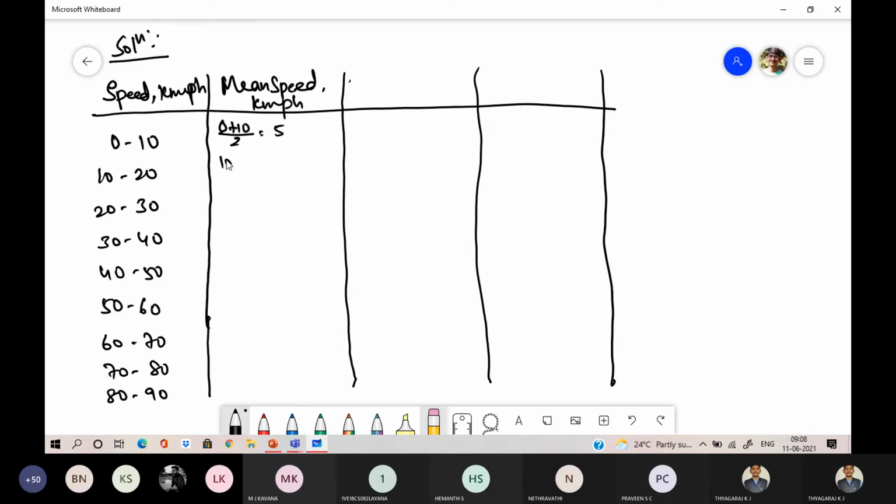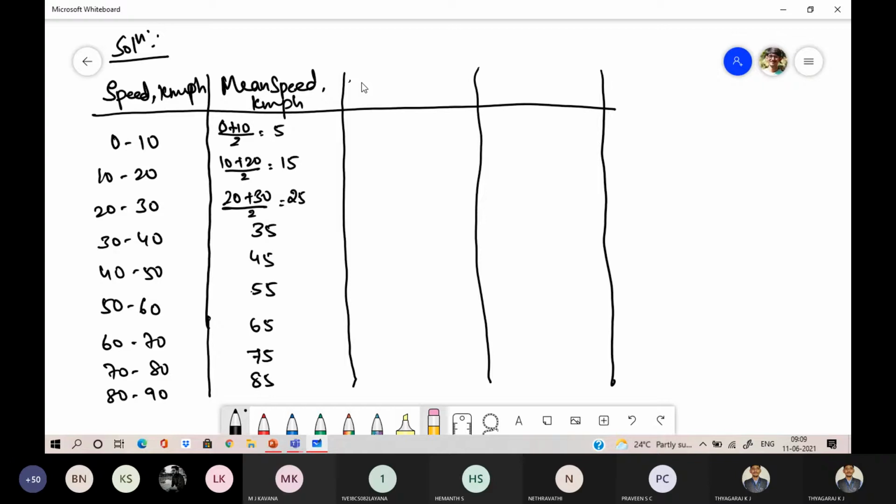For this, 10 plus 20 by 2, 15 will be the mean speed. So taking the mean of the two speeds, that is 25. Likewise, it is 35, 45, 55, 65, 75, then 85. Is it clear how to get the mean speed? Yes, sir.